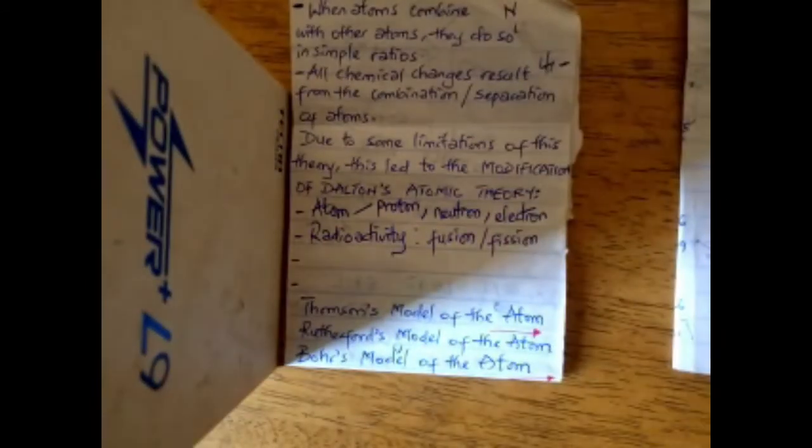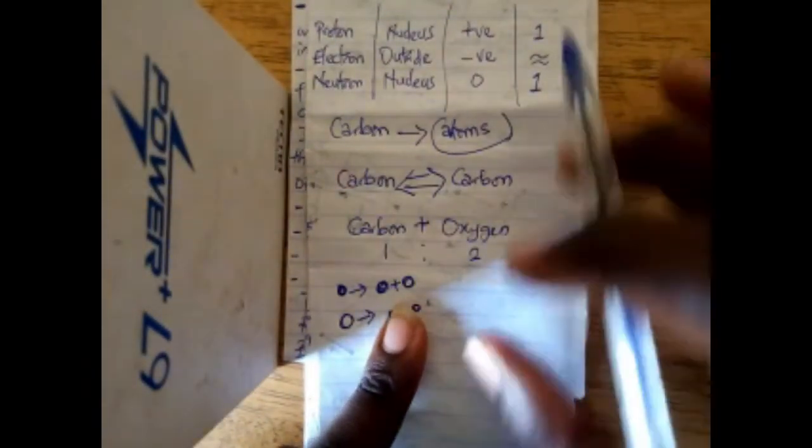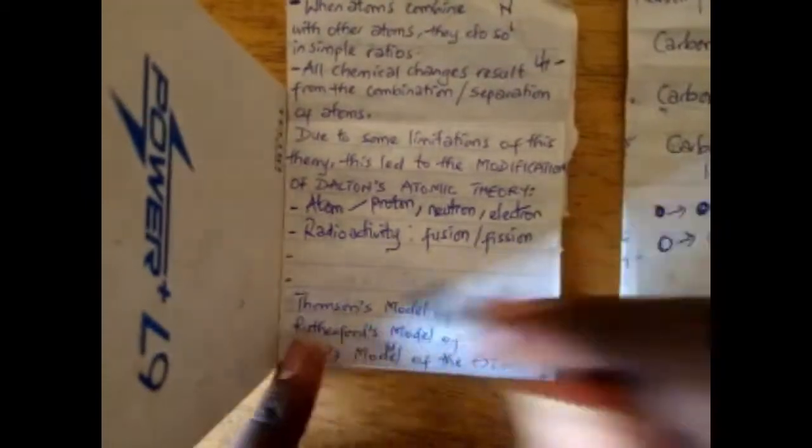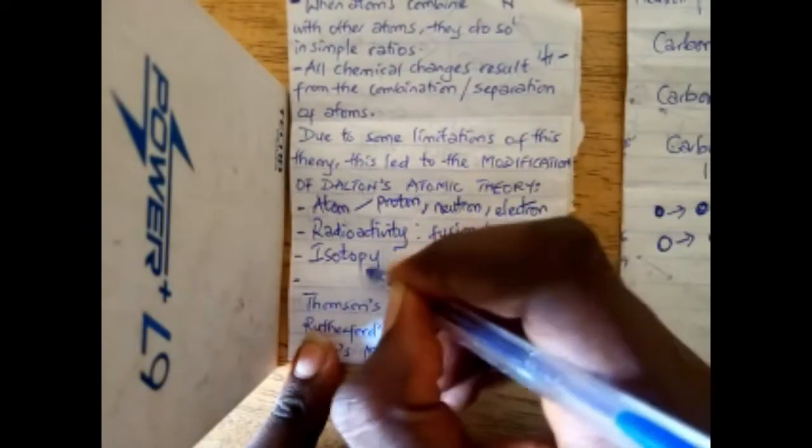The third statement put forward by Dalton was that atoms of the same element are alike in every aspect. Dalton said if you find an atom of carbon and another atom of carbon, they are always the same. This also is wrong as a result of the discovery of isotopy.